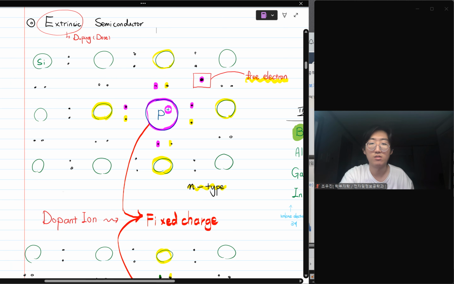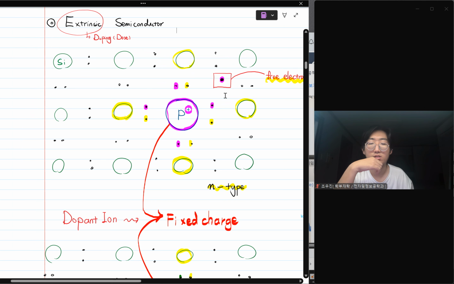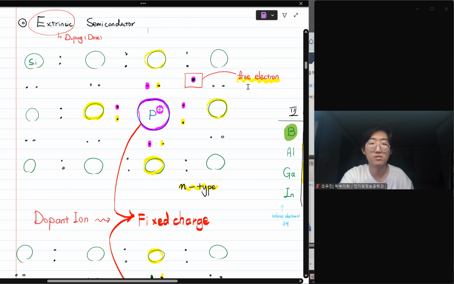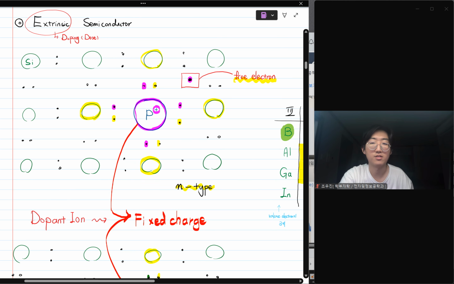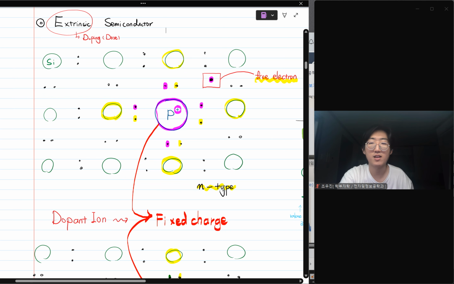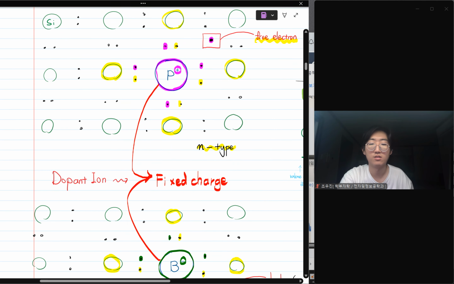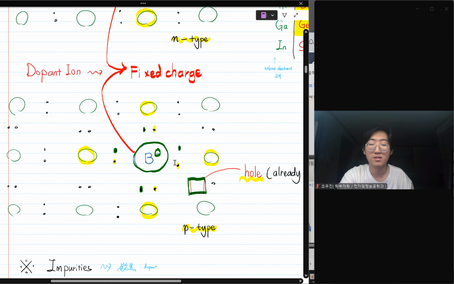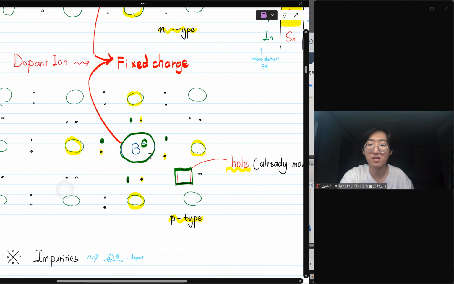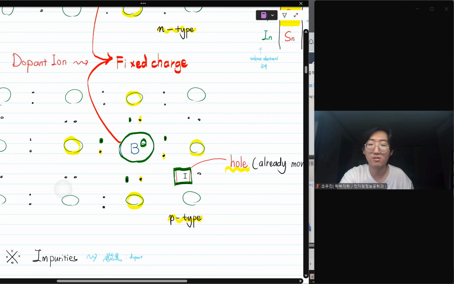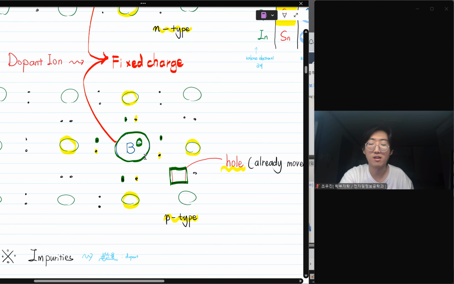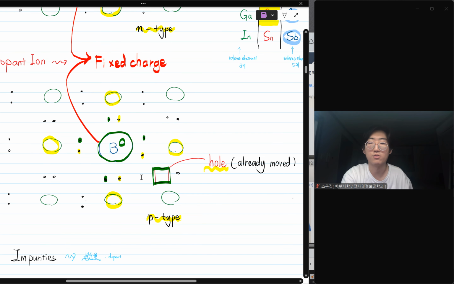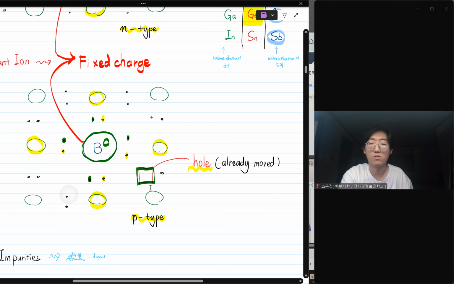So these free electrons are in this N-type extrinsic semiconductor. Next is P-type. As you see, there is element B. It has only 3 electrons, so there is a hole.